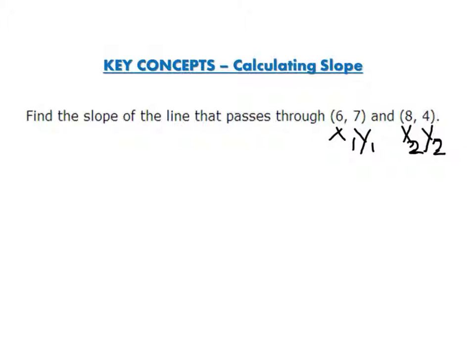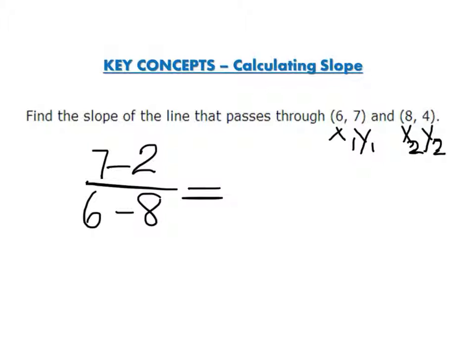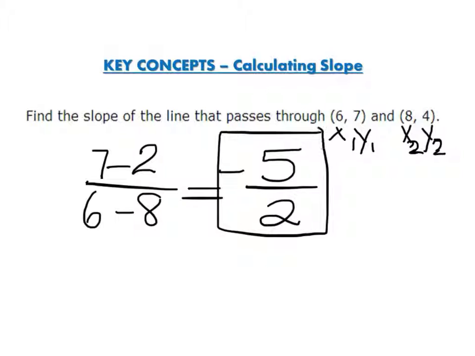All right, so we're going to take the difference in the y values using y sub 1 minus y sub 2 over top of x sub 1 minus x sub 2. 7 minus 2 is 5. 6 minus 8 is negative 2. Therefore, the slope of the line that passes through those 2 points is negative 5/2.